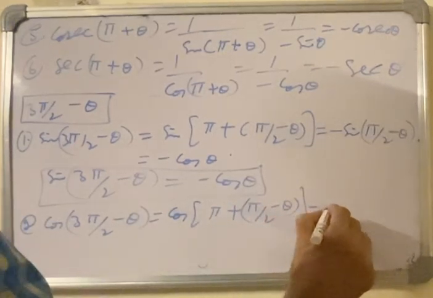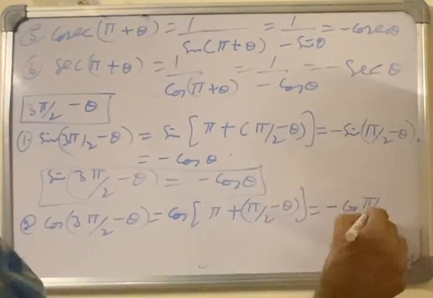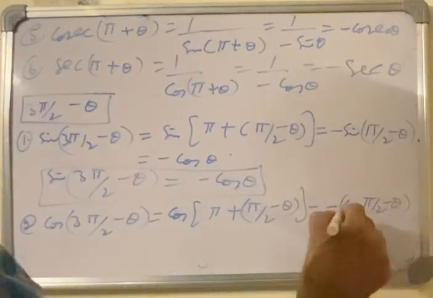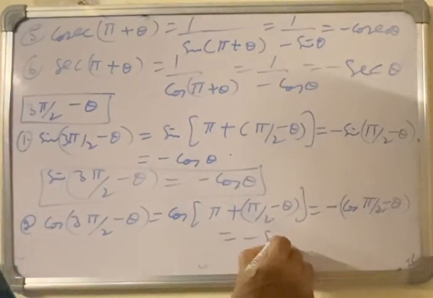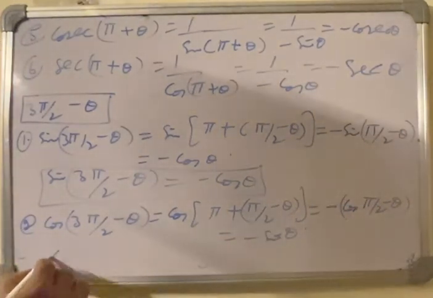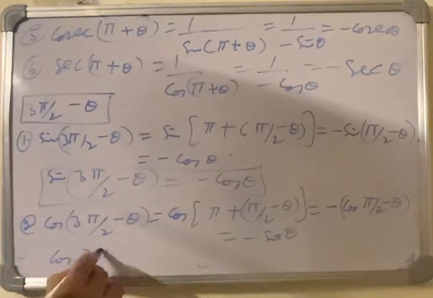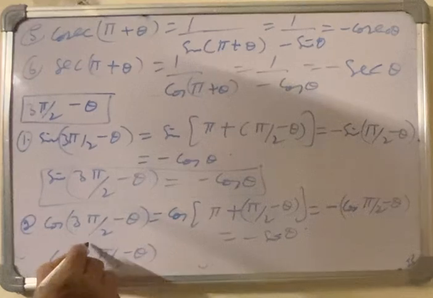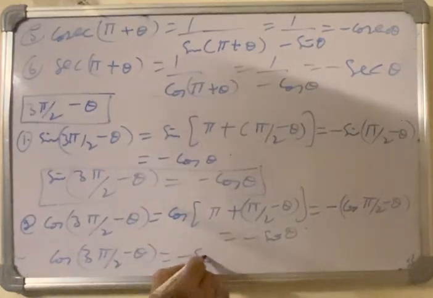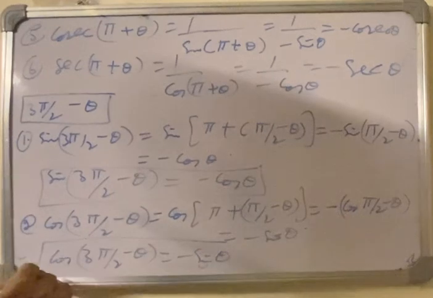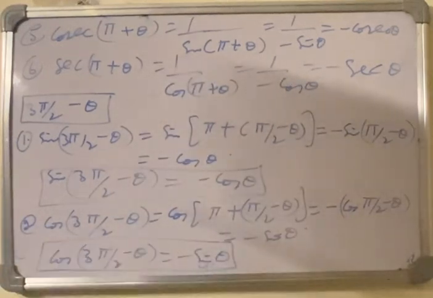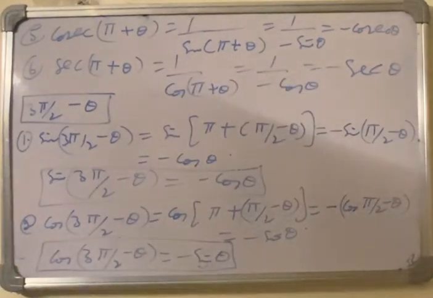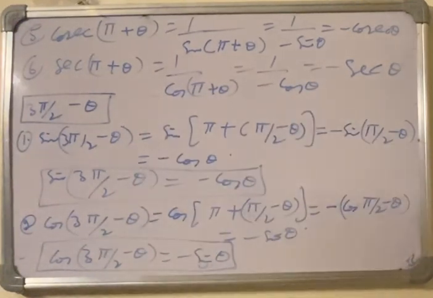It is minus cos pi by 2 minus theta, which is minus sine theta. Therefore, cos 3 pi by 2 minus theta is minus sine theta. So also cos changes to sine in case of 3 pi by 2 minus theta, and it is negative.